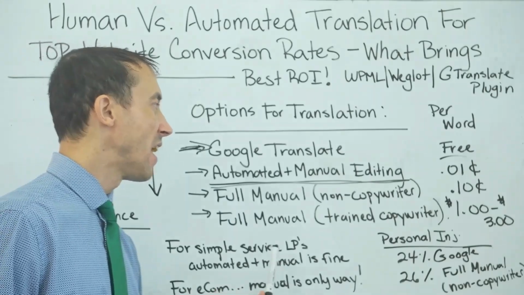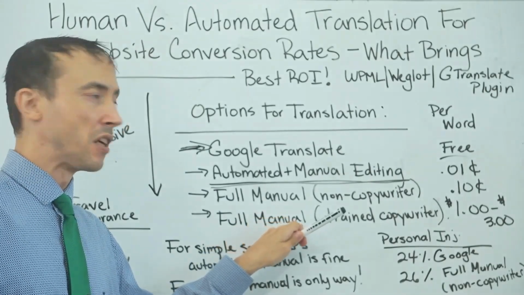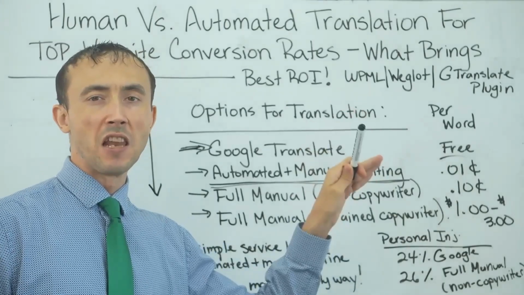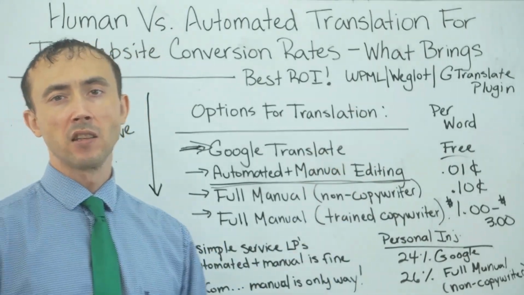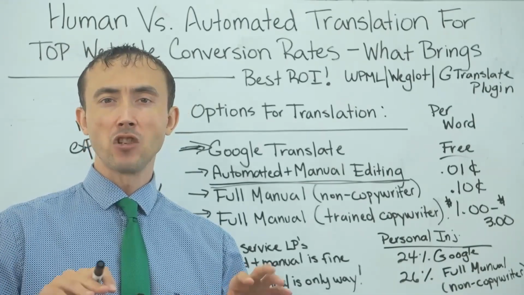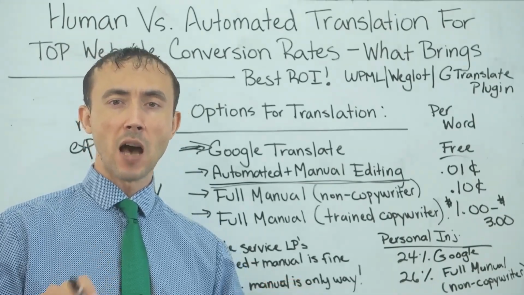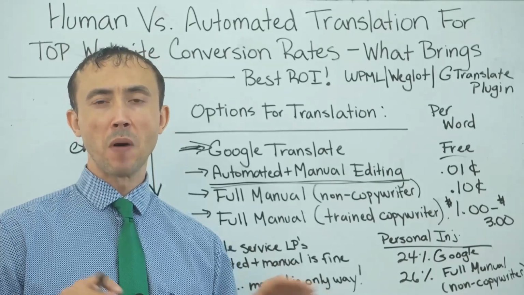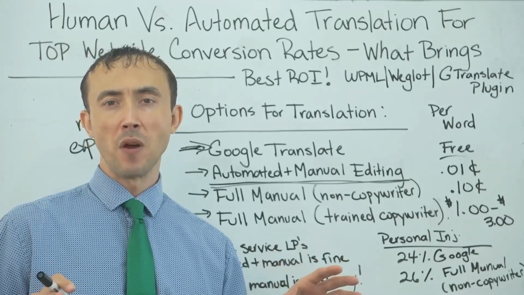So with that said, you could go the full distance with this and go full manual with an actual trained copywriter translating it. You could go to websites like Upwork.com and literally find a Spanish-speaking sales copywriter. Sales copywriters just write text to try to get people to buy stuff on your website, on your landing pages and whatnot.